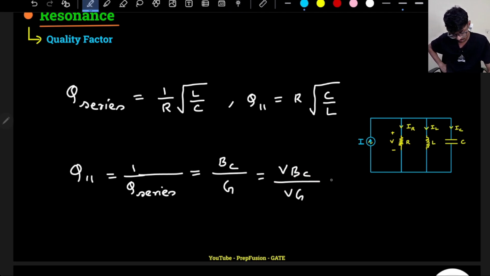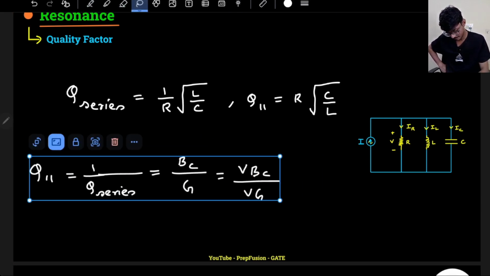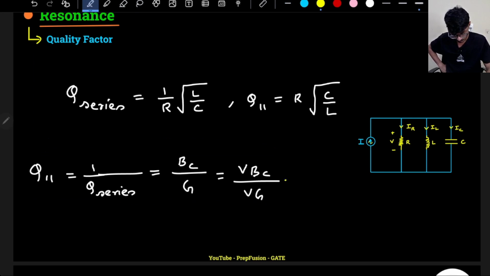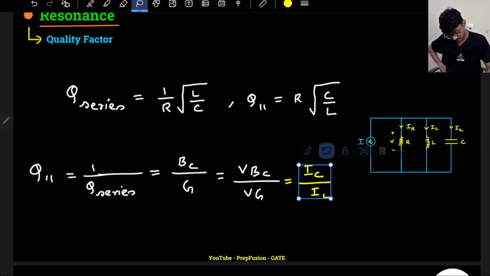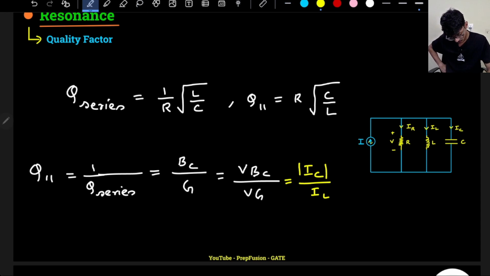So this will be the magnitude of IC divided by the magnitude of IR.